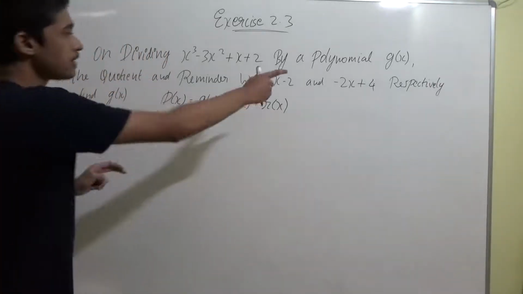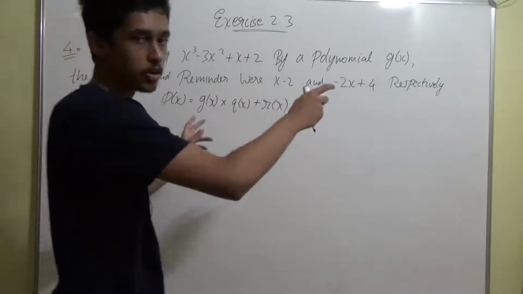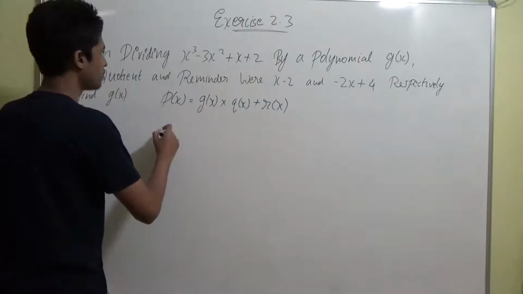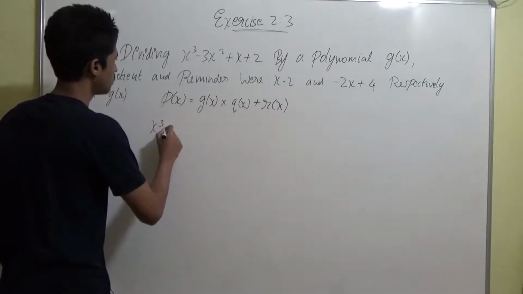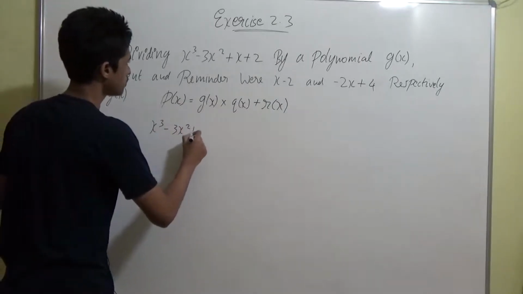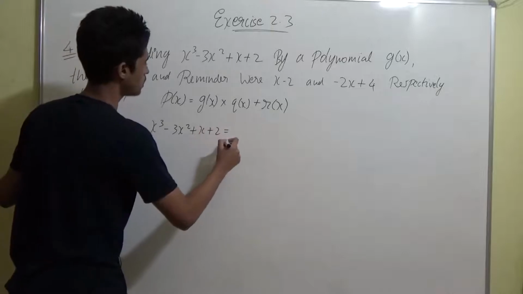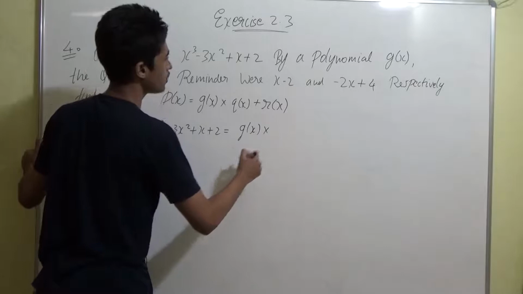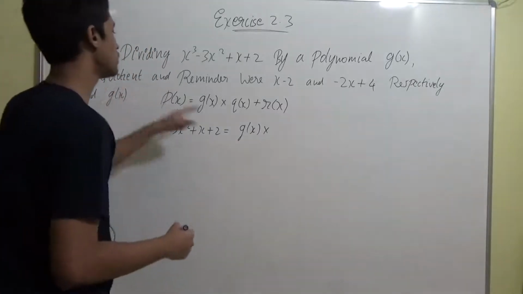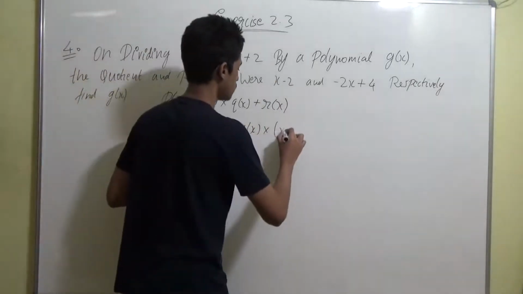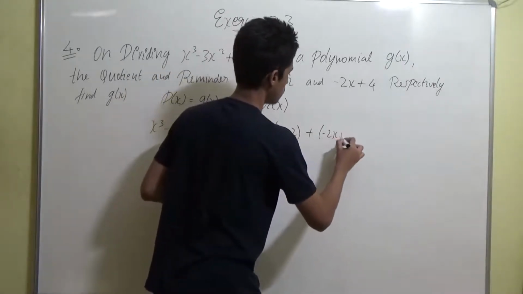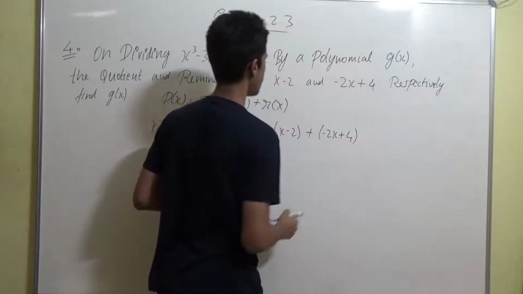Now let's write the given polynomials in this format. If we write, we'll be getting, since this is p of x, is equal to, we have to find the g of x, let us keep it as g of x, and when we are multiplying with the quotient, this is the quotient and the remainder is this.